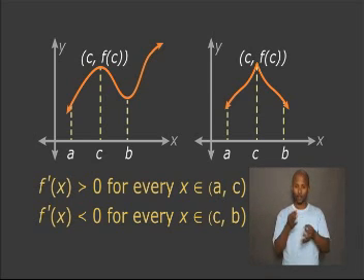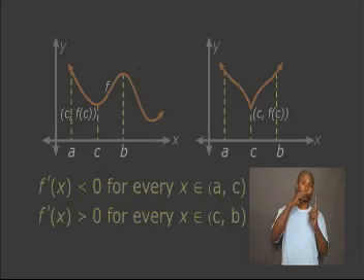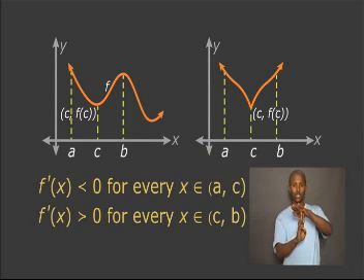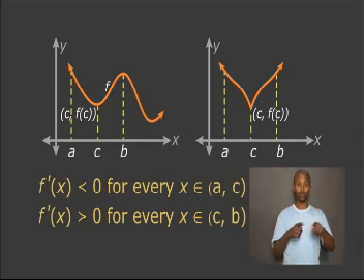If f prime satisfies these conditions, we can simply say that f prime changes signs at c from positive to negative. The inverse relationship also exists, as we can see from these graphs.